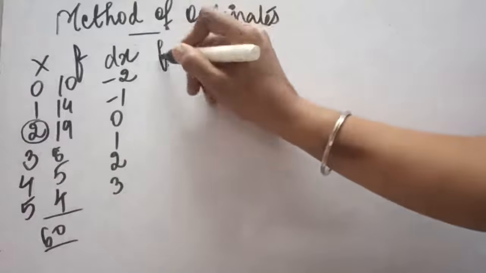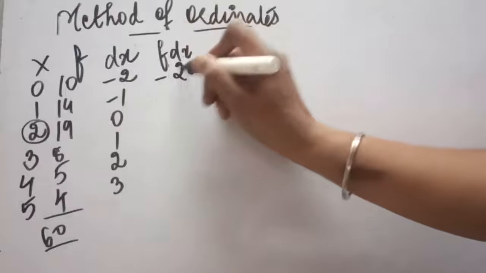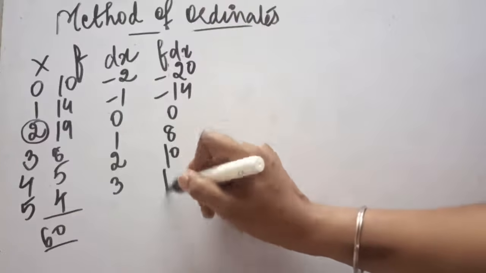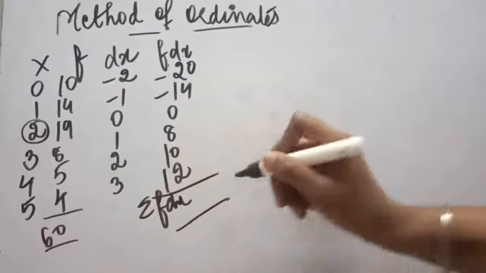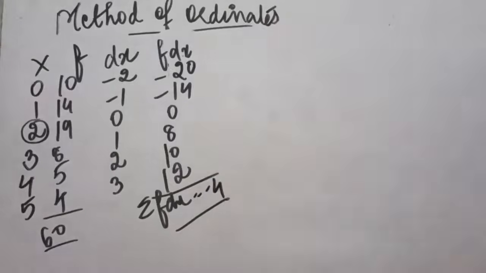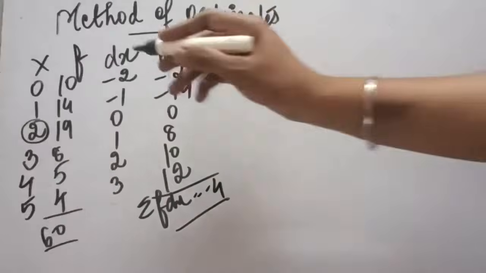Now we will be calculating f dx, multiplying f with dx. So it will be -20, -14, 0, 8, 10 and 12. From here we will have sigma f dx. The value of sigma f dx will be -4. Next we will calculate dx square, because that we will require for standard deviation also.